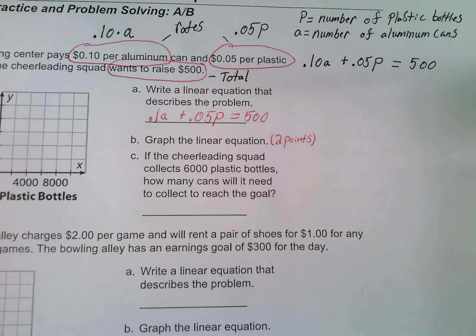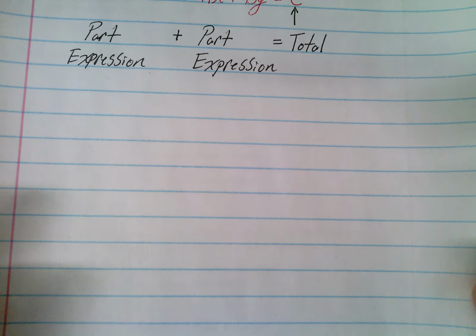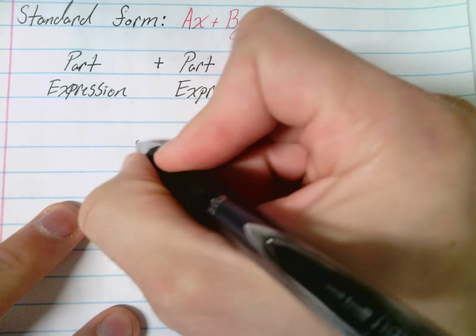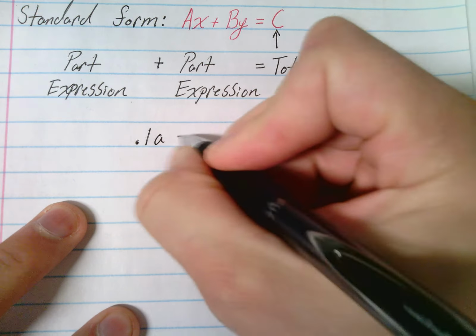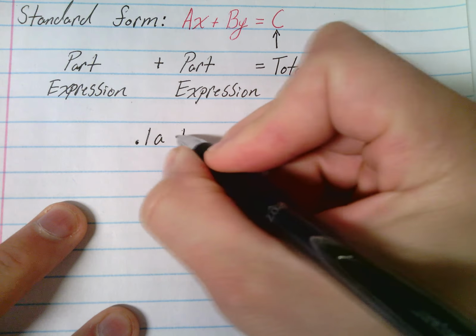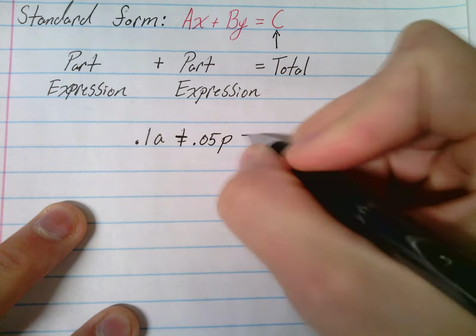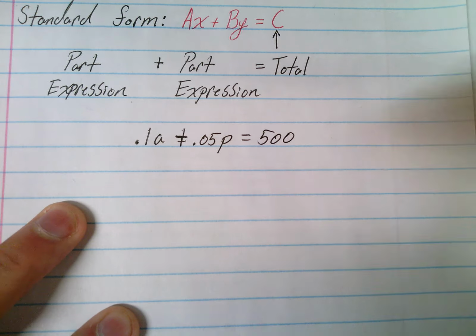So we'll plug in 0 for those points. Let's take a look at what this is going to look like. We've got this standard form expression of 0.1A plus 0.05P. We want that to be 500.